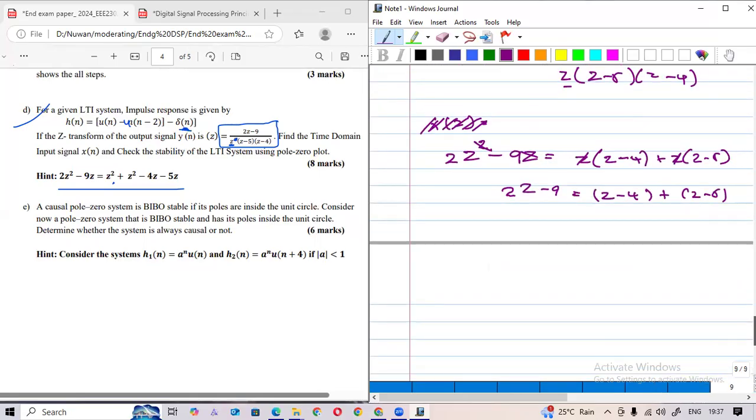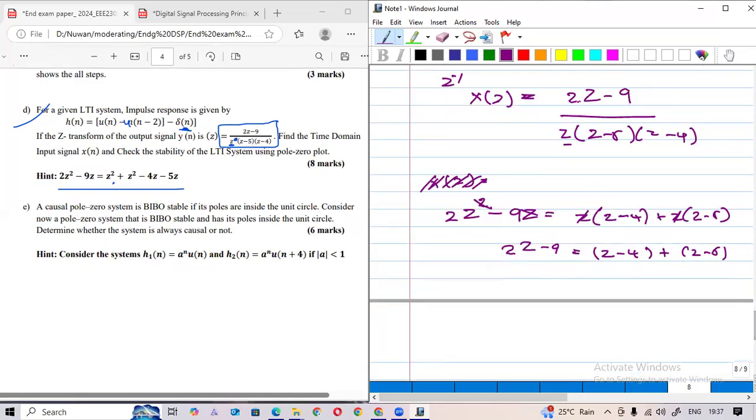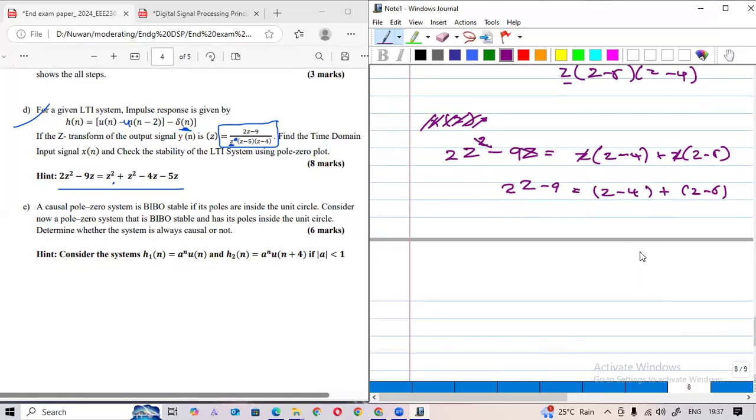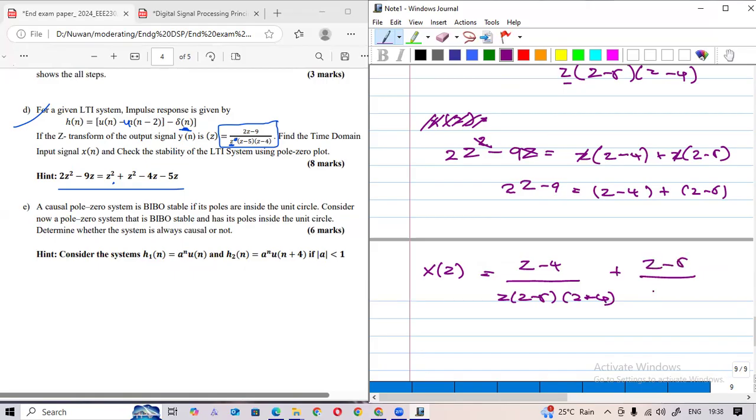Then if I apply it here, XZ can be written as Z minus 4, Z minus 5, Z minus 4, plus Z minus 5, Z minus 5, Z minus 4, in this way.